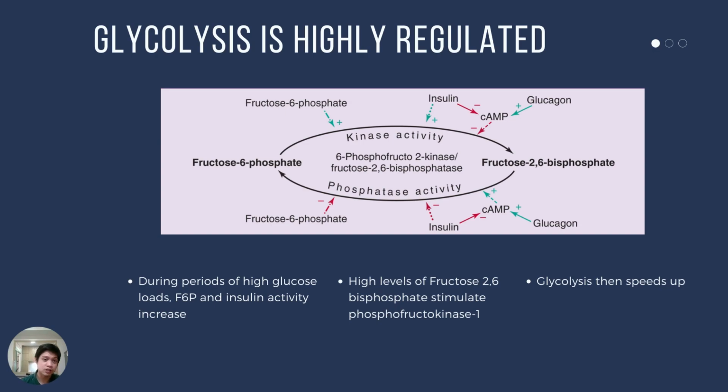Fructose 1,6-bisphosphate is a reactant of glycolysis, whereas fructose 2,6-bisphosphate is only a regulator of glycolysis. So during periods of high glucose loads, the level of fructose 6-phosphate will increase.